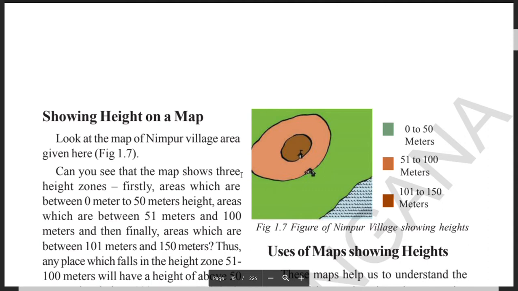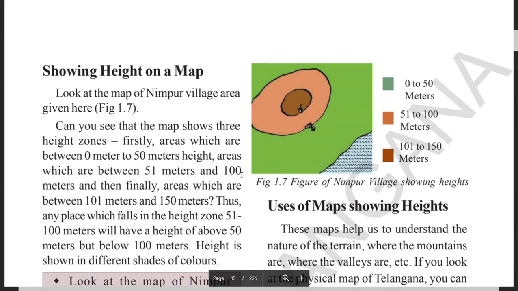Height is shown in different shades of colors.